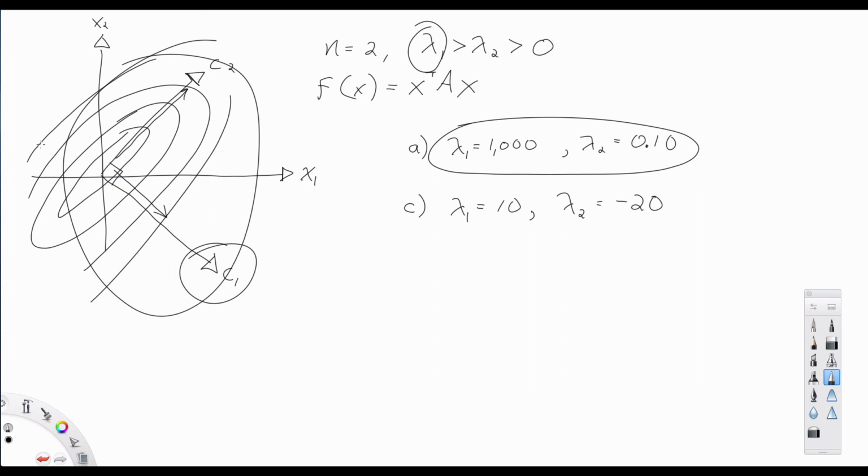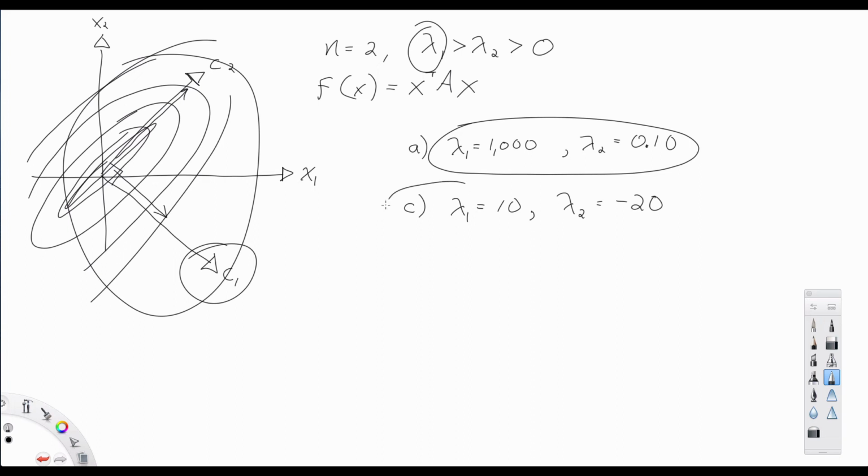So we have a 10 to the 4th difference in magnitude between the steepness of those two different directions. And if we were to visualize that, then these level sets would be super skinny. We would have this very different sort of shape compared to what I illustrated originally.